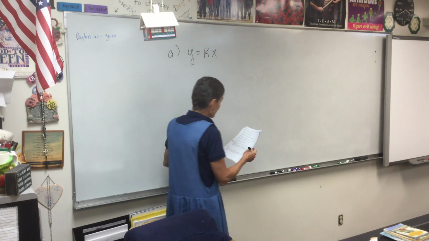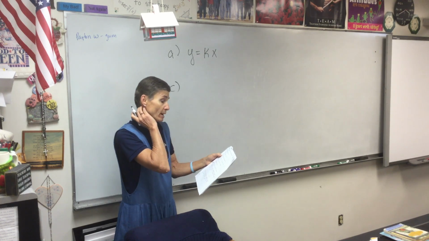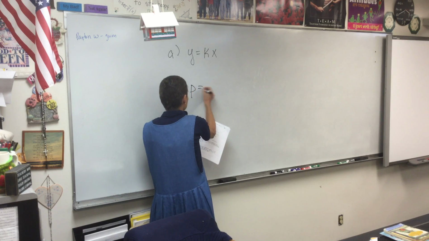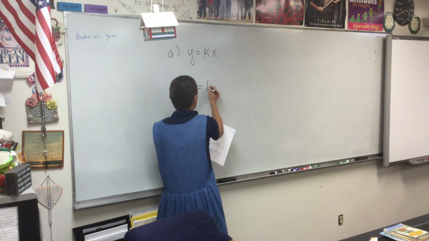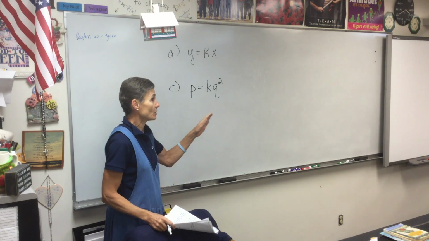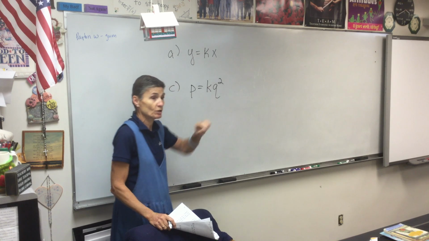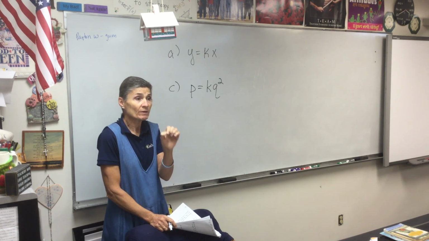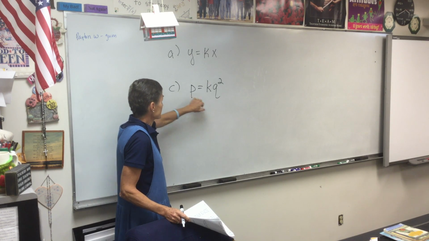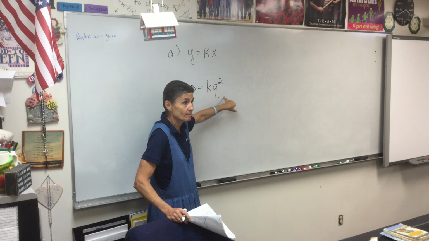Now let's skip down and look at C, because C is another direct variation. P varies directly as the square of Q. All you're doing is writing the equation. P varies directly as the square of Q. When things vary directly, you have one variable on this side and K times the other variable over here.